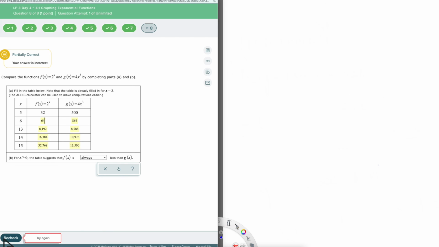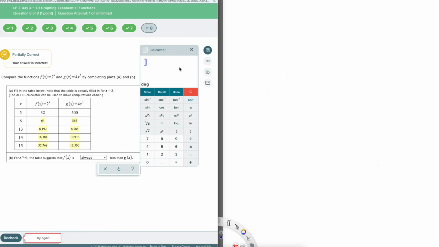Uh-oh. What number do I have wrong? Let's see. I have something wrong. 2 to the 6th power. Let's make sure I didn't type one of these guys in wrong, because that's probably what happened. 13, 8,192, 14, 16,384, and 15, 32,768.